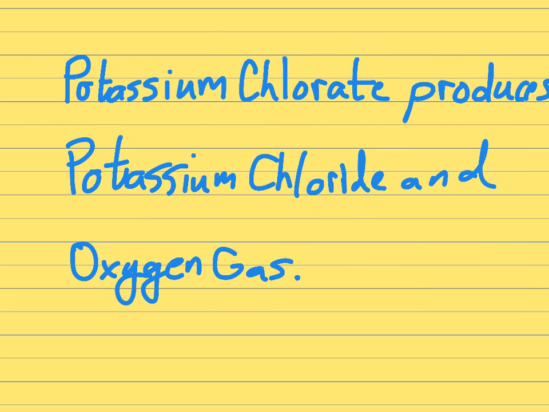One last one. In this particular case, they gave us a word description of this type of reaction. So we have potassium chlorate produces potassium chloride and oxygen gas. So we need to write what the compounds actually are.